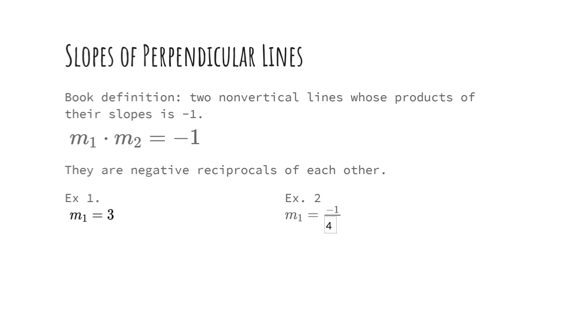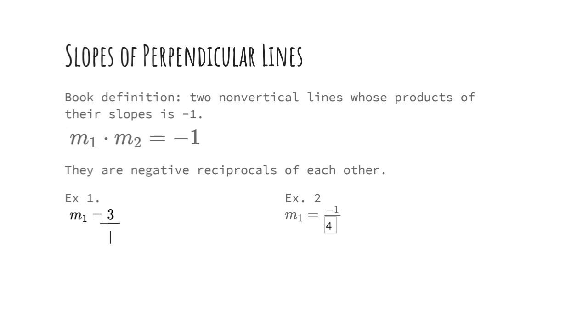And what you might remember from Algebra 1 is if you're given a slope and it asks you to find the perpendicular slope, you take the negative reciprocal. So for example, on example 1, if our slope is 3, we turn this into a fraction.